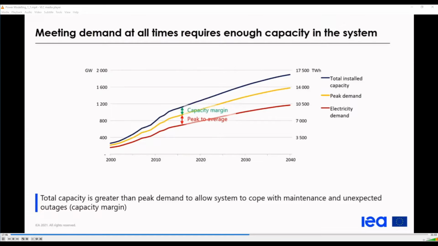It is an additional amount of dispatchable capacity to be sure that we have a reliable system, even if some plants, for extreme reasons like rupture of supply chains, are down in a certain period of time. We have this capacity margin on top of the peak demand to make sure that the system is meeting demand at all times.